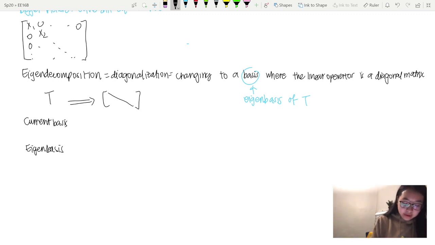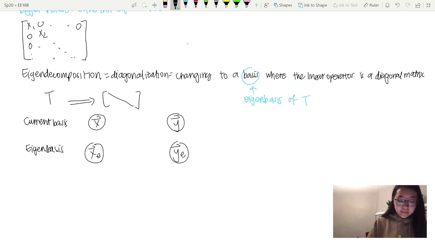Let's say in your current basis you just have x and y, and for the eigenbasis, I'm just going to call them xe and ye. So you already have this transformation T in your normal basis that takes you from x to y.